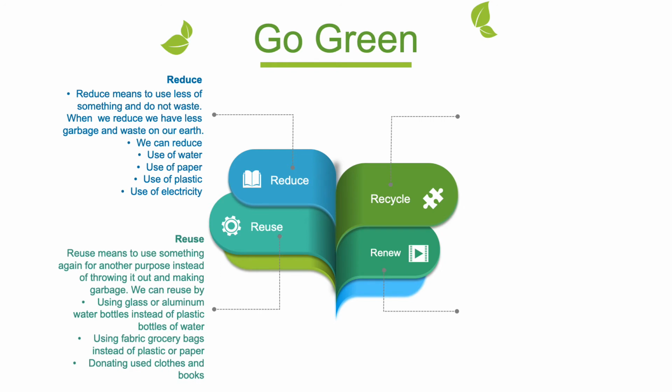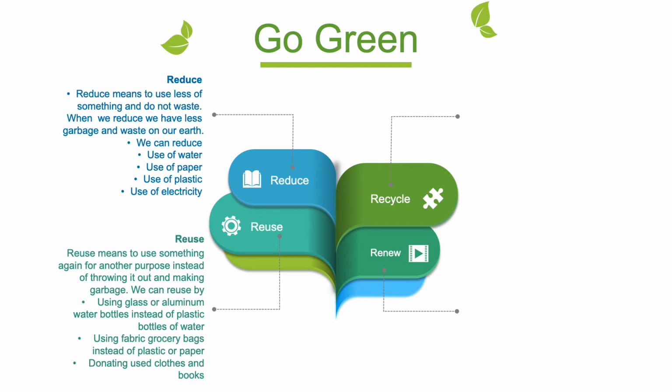The next job for our heroes is to reuse. Reuse means something that you have already used, but you can use it again. Why? Because you want to save your earth.